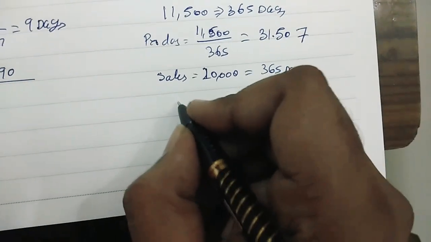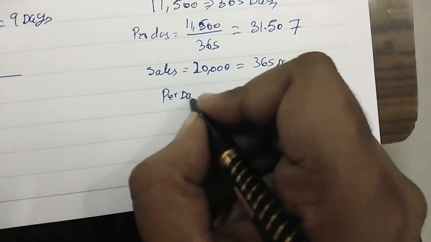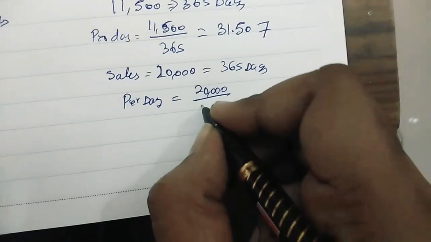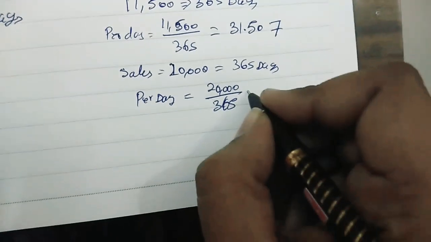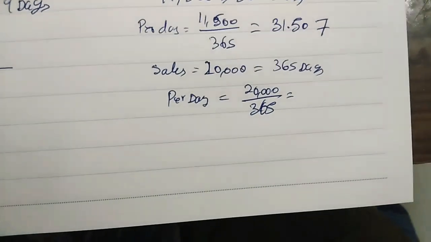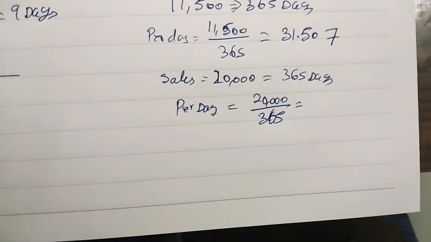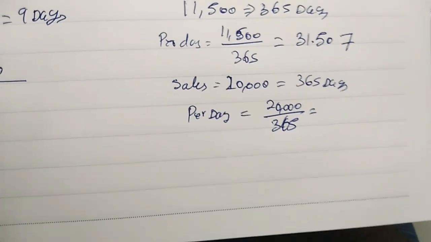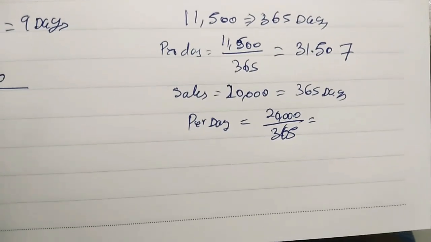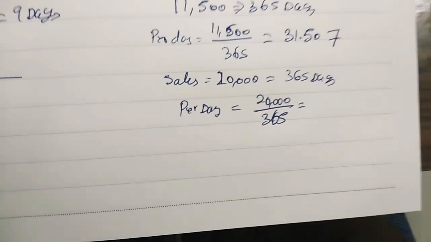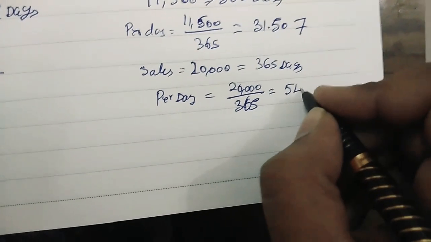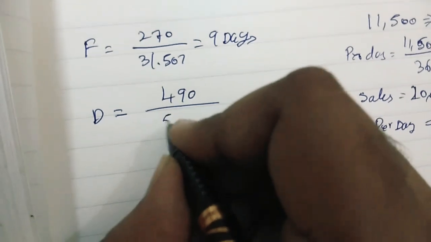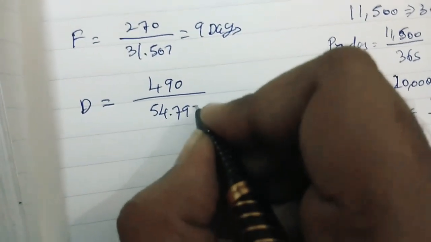Calculate sales per day: 20,000 divided by 365, which is 54.795.